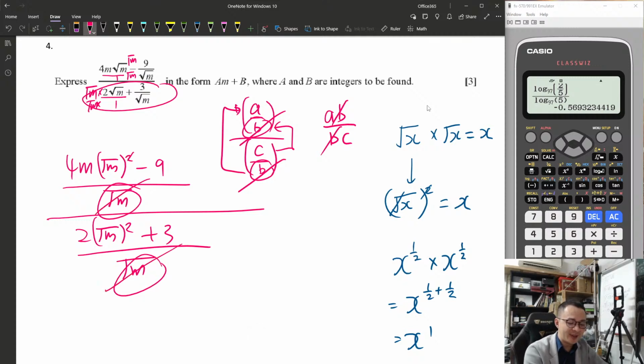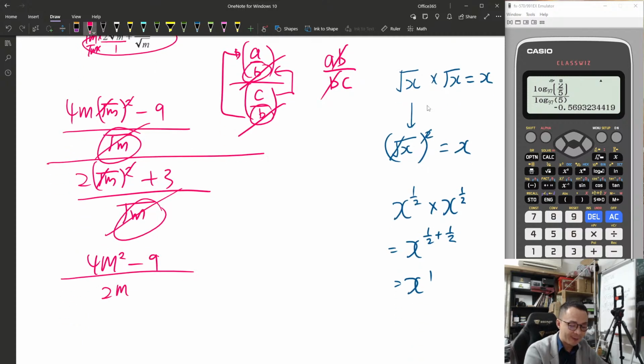This one, m times m is m square, so 4m square minus 9 over 2m plus 3, since the square root cancels. If you look carefully, we can factorize the top also, because 4 and 9 are perfect square numbers. Perfect square number means I can change it into a square minus b square, which is a plus b, a minus b.